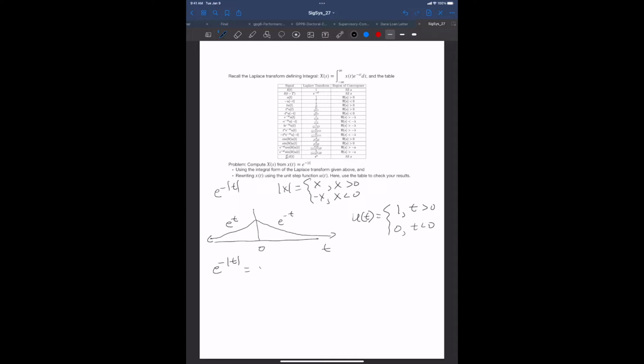So I have e to the minus t u of t to get the positive time part of that function. And for the negative time, I need the opposite. So I need u of minus t.